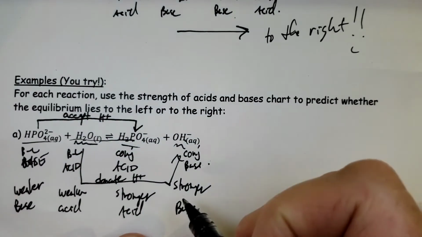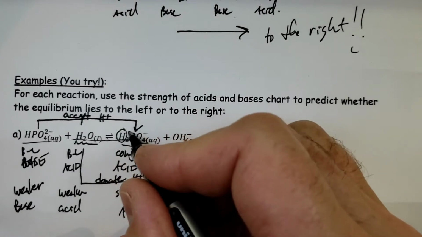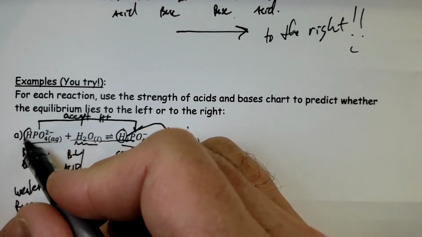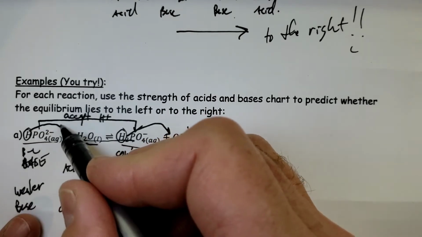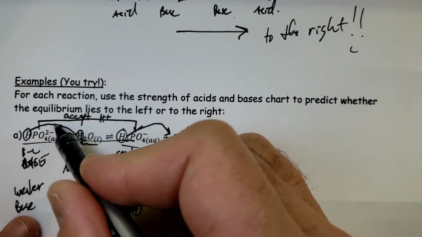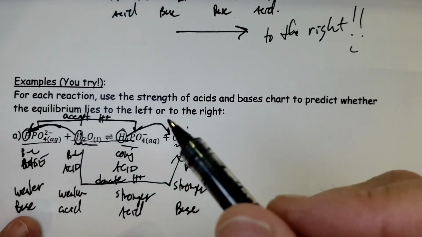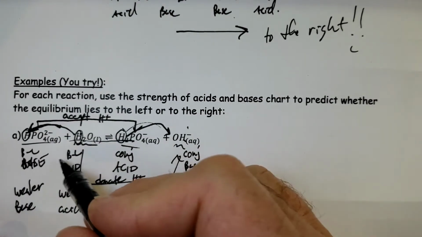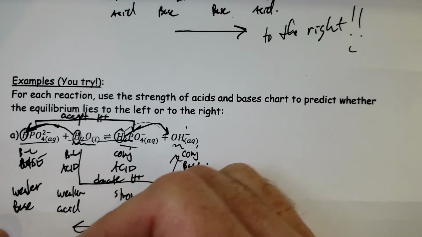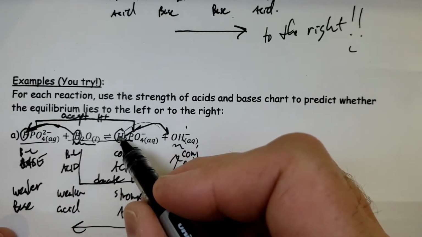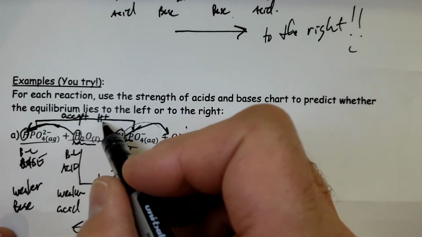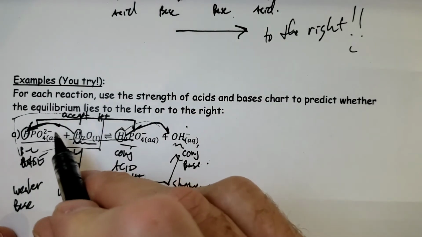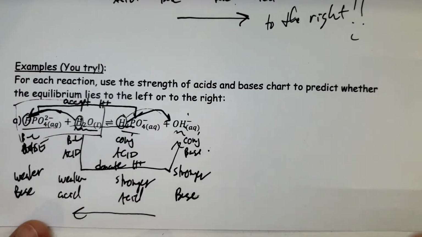By strong, we mean that this acid is going to give up its H more efficiently than the other acid gives up its H to HPO4. If this transfer happens more frequently, then H2PO4 readily gives up its H to become HPO4.